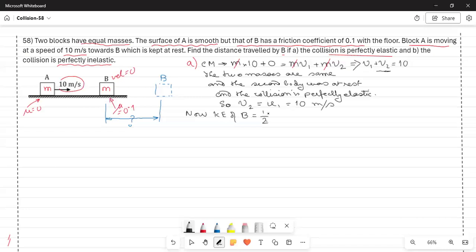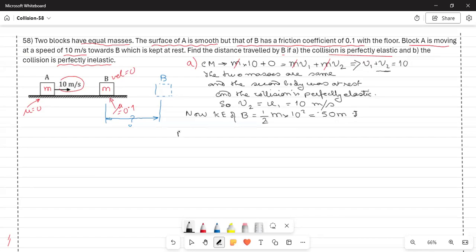Half into m into 10 squared is equal to 50 m joule. That is its kinetic energy, and B will move.